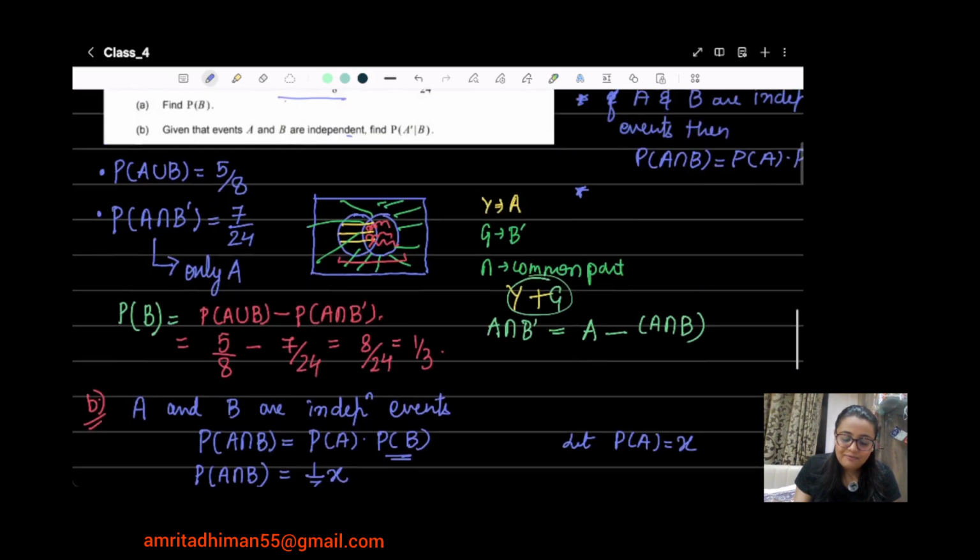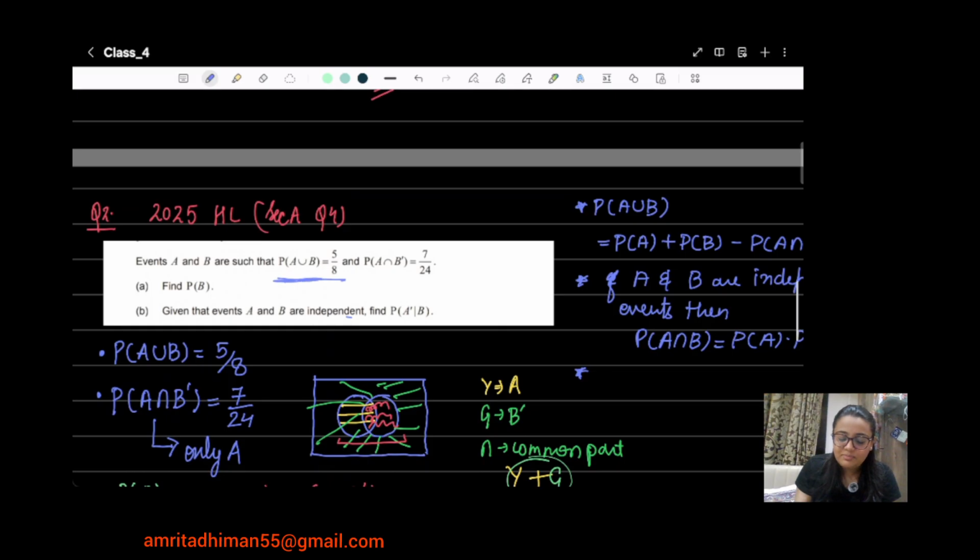Okay, now we have one more thing, that probability of A union B is 5 by 8.